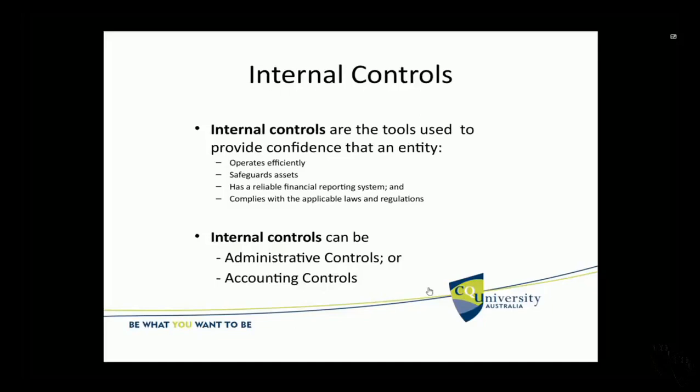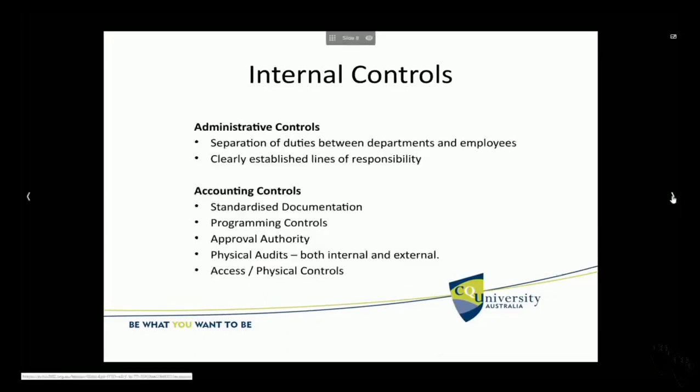Now, that's not exhaustive, and there are lots of different other ways we can classify internal controls, but they're basically the tools that we want to use as a firm and as people entering in for our firm, that will give our users of our reports the confidence that we're operating efficiently, that our assets are being safeguarded, that there's reliability in the reports that they're reading, and also that we comply with all of the relevant and applicable laws and regulations. So there's a number of generally accepted internal controls that are in place, and we'll go through a couple of them on the next slide.